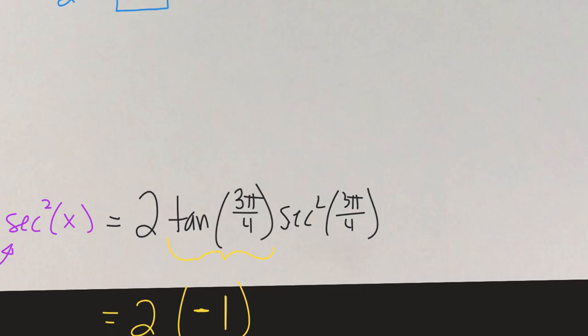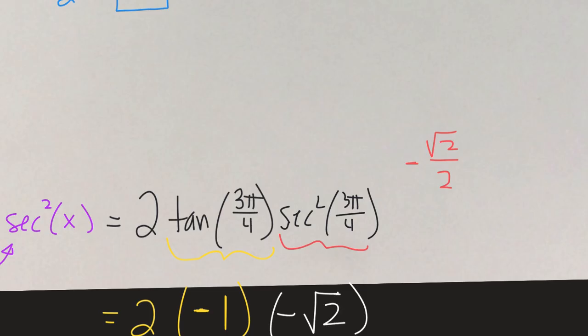And then what's the secant at 3 pi over 4? The secant is the reciprocal of the cosine, and the cosine is -√2 over 2, which means our secant value is going to be negative root 2. Believe it or not.